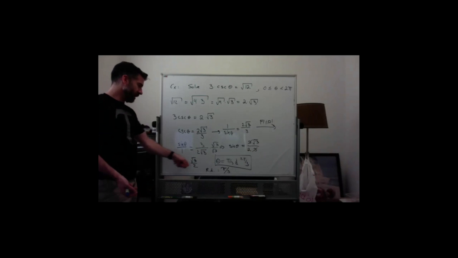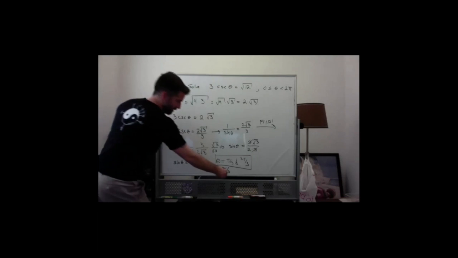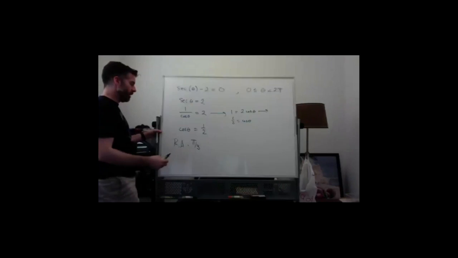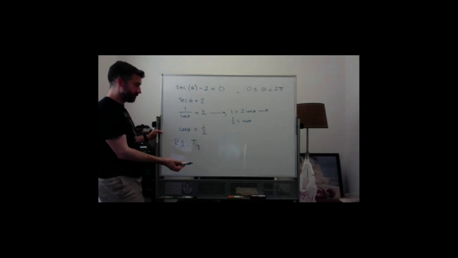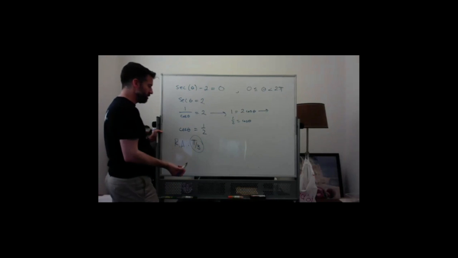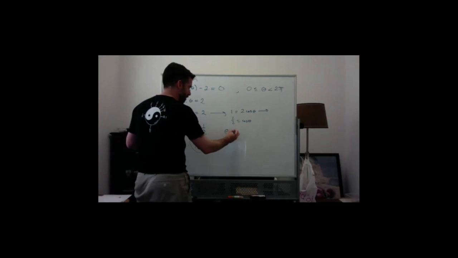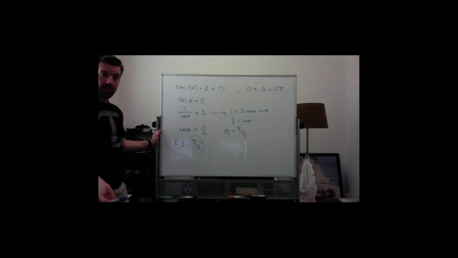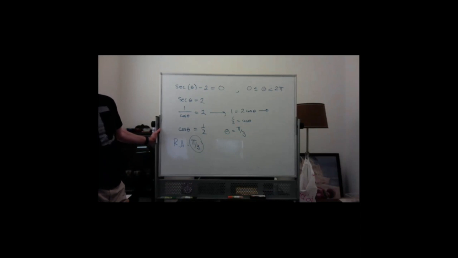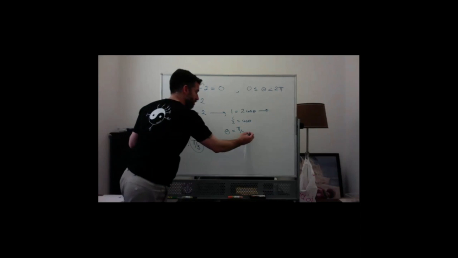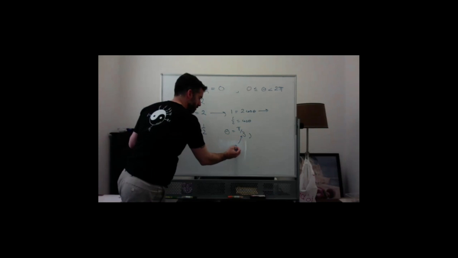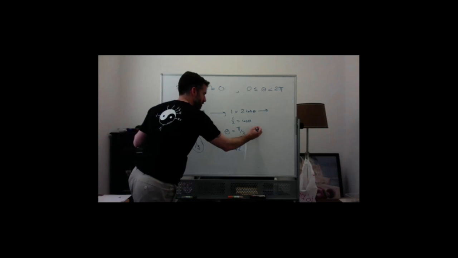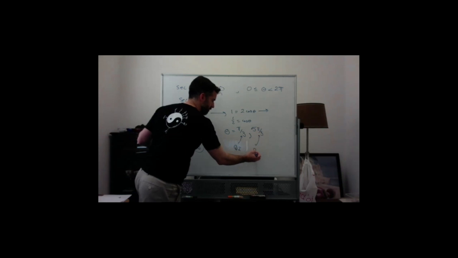So my reference angle is pi over 3. So my answers are pi over 3 in quadrant 1. And then my other answer is in which quadrant? Quadrant 4. Yeah. So that's going to be 5 pi over 3 in quadrant 4.